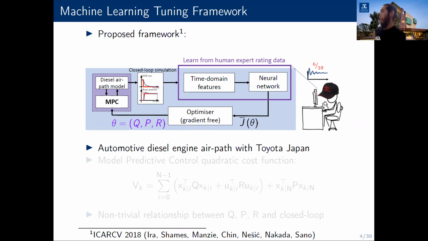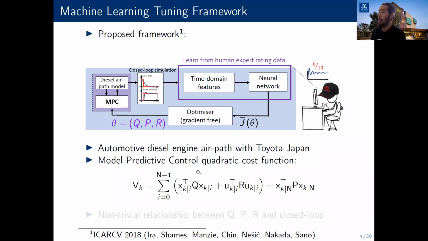We asked a Toyota engineer to rate a few trajectories, and then this was used to learn a preference function, which could then be used to tune the parameters of MPC. The tuning parameters we're considering here are the Q, P, R matrices of the quadratic cost function in MPC.